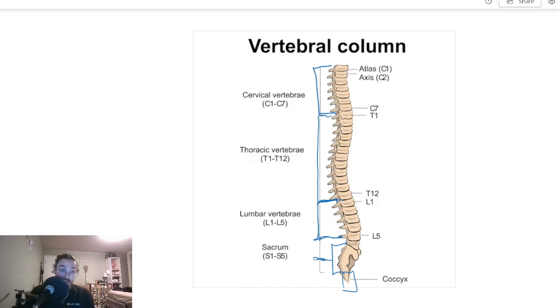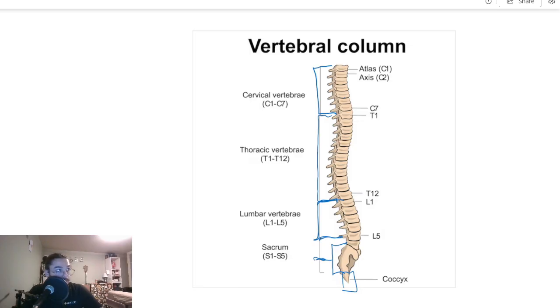Another thing that is important to note is that C1 and C2 have their own special names. The atlas is named after the guy who holds up the globe, and he has a statue. This is the vertebra that's holding up your globe, holding up your head. It articulates on these facets with, if I remember correctly, the occipital condyles of the occipital bone of your skull.